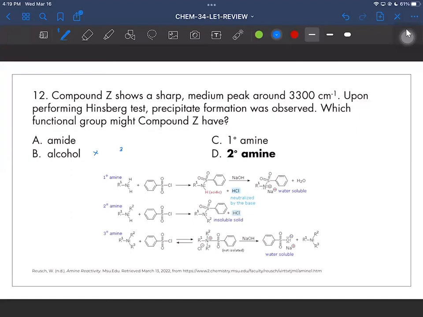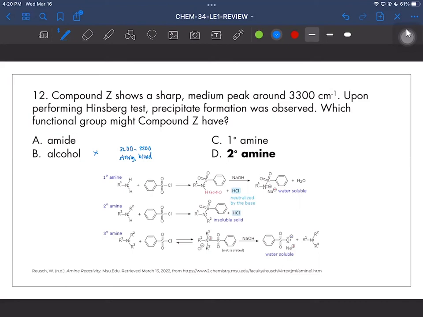They can be seen around 3600, but maybe can reach 3200. Another criterion why this cannot be an OH stretch is that OH stretches are strong and broad. The OH peaks are big and wide, while this peak only shows a sharp medium peak. So we can exclude OH; it has no OH group, and therefore it cannot be an alcohol.